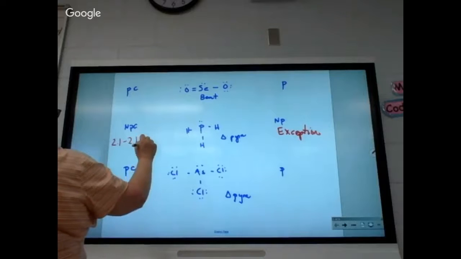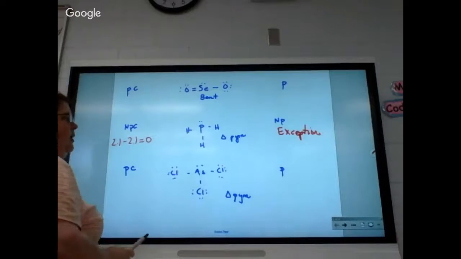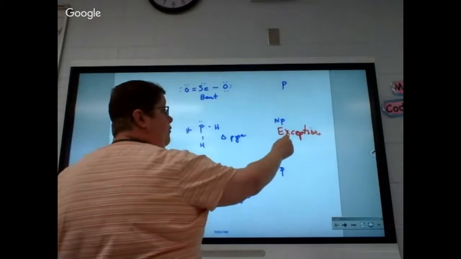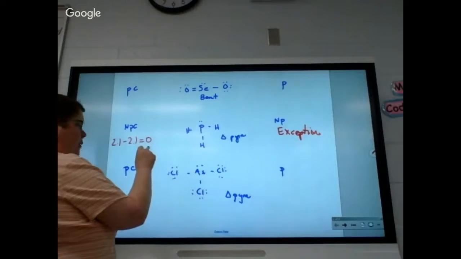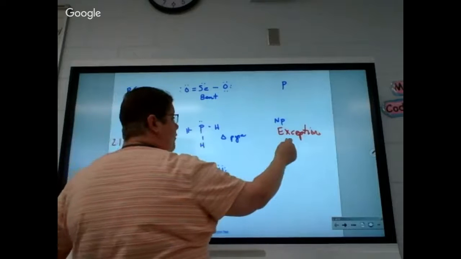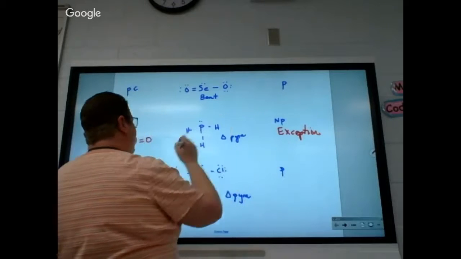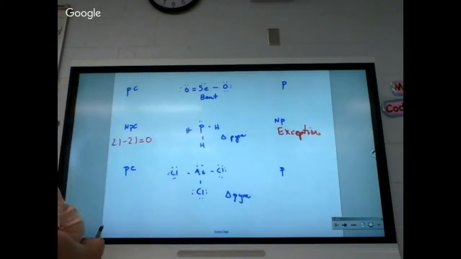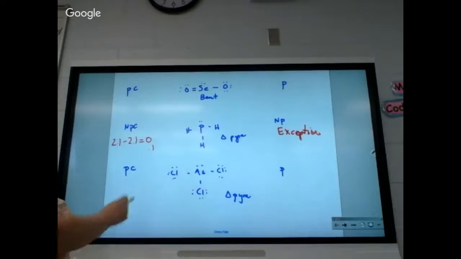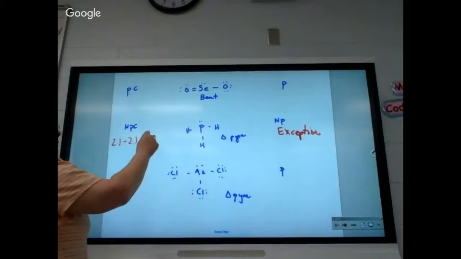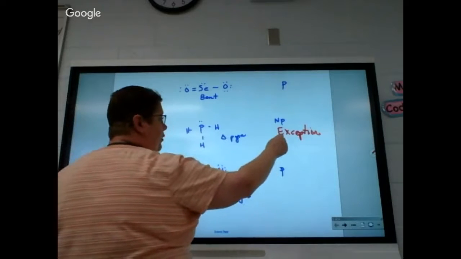So when you subtract, you get 0, right? You can't be polar over here if you get 0. In order to be polar over here, you have to have a difference of at least 0.1. If you get 0 when you subtract, you cannot be polar over here.